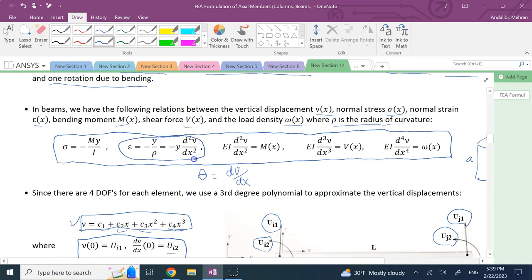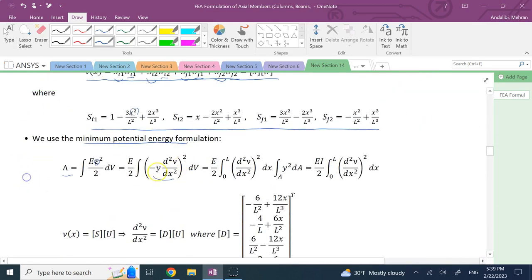Or negative y over rho, where rho, the radius of curvature, is basically 1 over the second derivative of the vertical deflection. So we plug that in, and this integral of dV, I'm going to separate into an integral over x and an integral over A, and the y squared and the second derivative squared terms I separated.